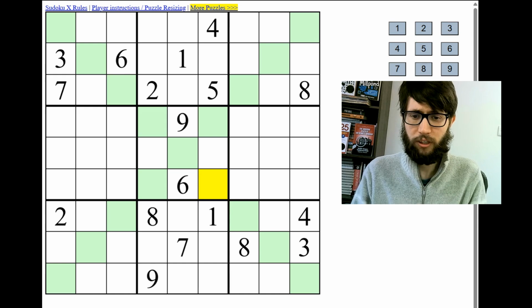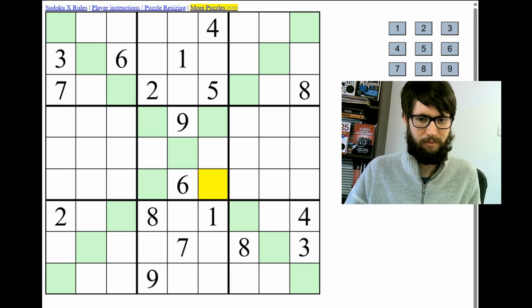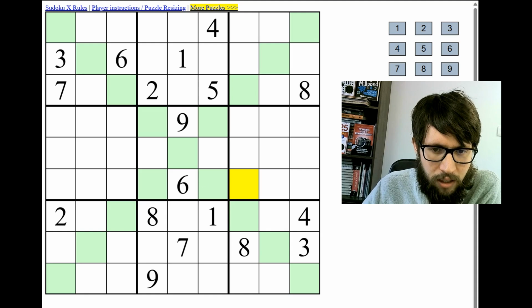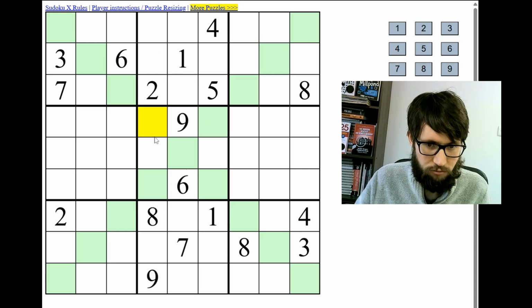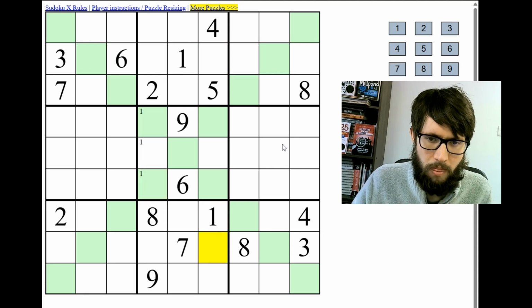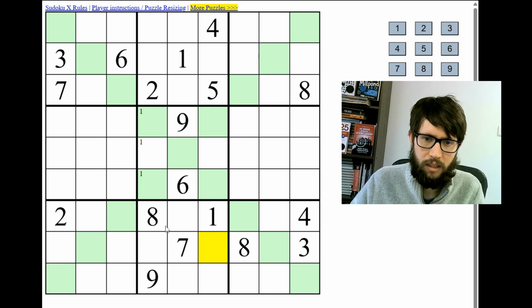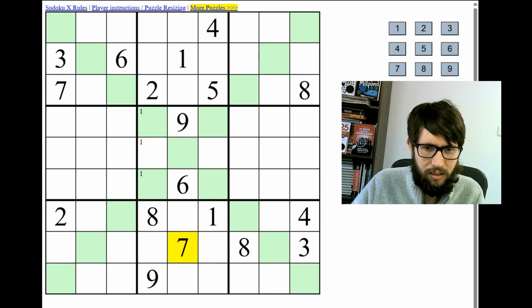I might have to pause if I do get stumped, but I'm hoping I won't have to. But first things first, what do we see? So the 1 here and the 1 there means that the 1 must be in one of these 3. Okay, looking for those clusters of numbers. 6 perhaps?